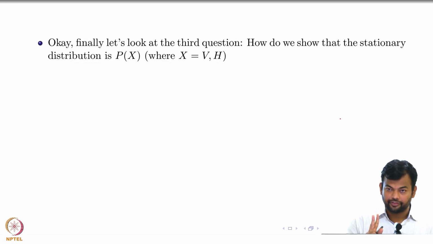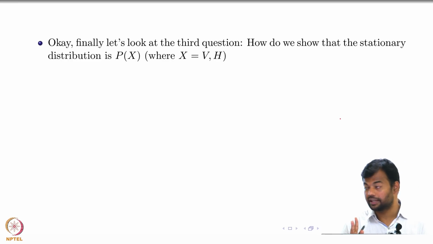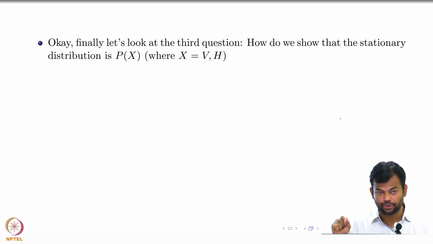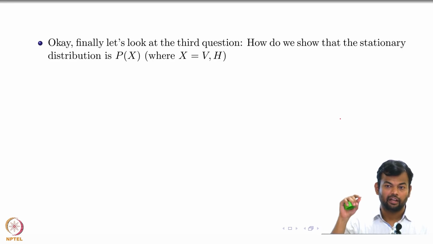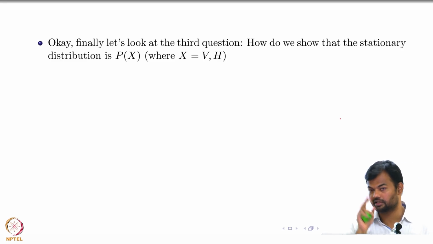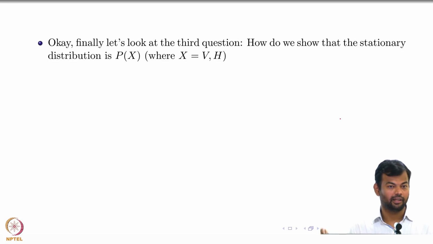Now we have answered the first two questions, and the third question we need to answer is that the stationary distribution is P of x. We need to show that the stationary distribution of this particular Markov chain, with the transition probabilities defined by that T, is going to be P of x. That's what I need to show.